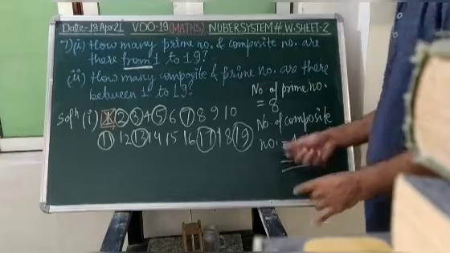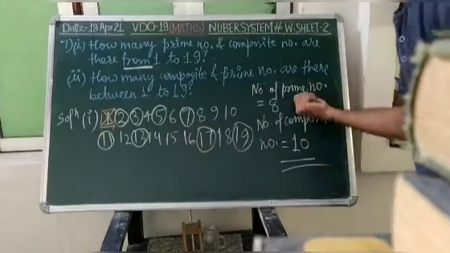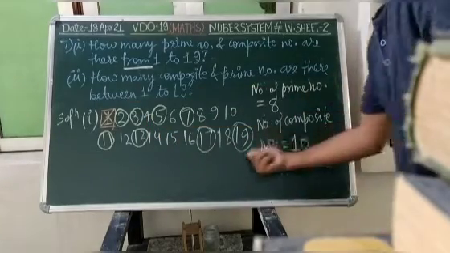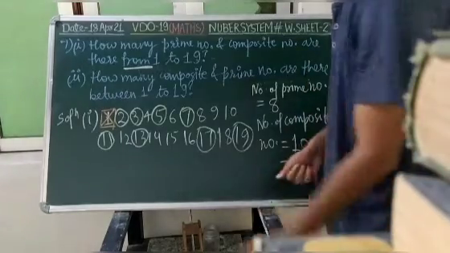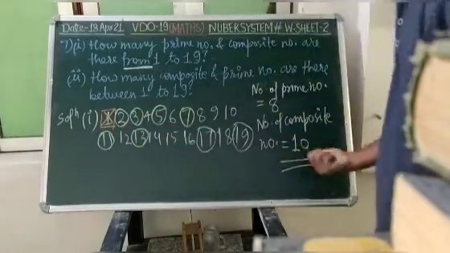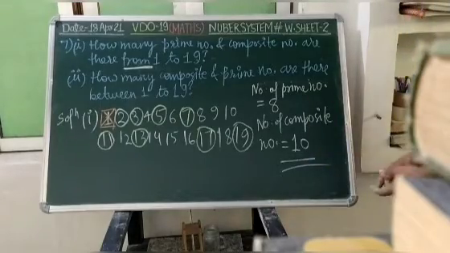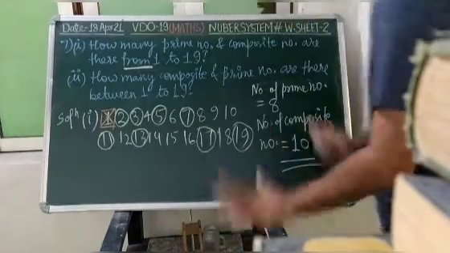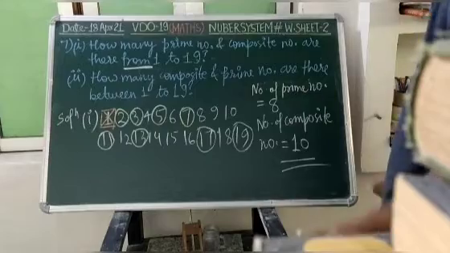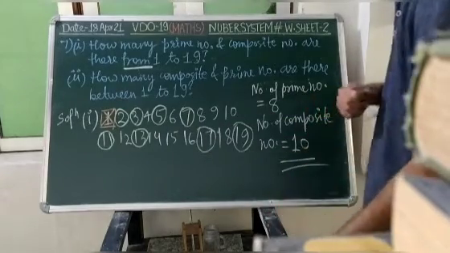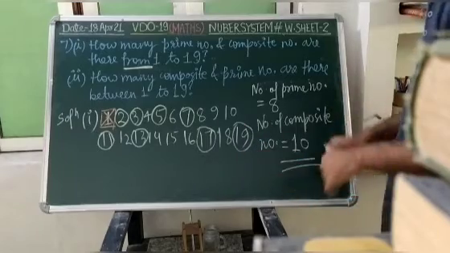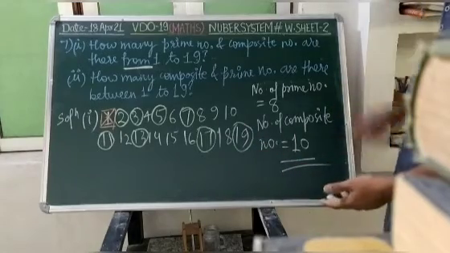And there are 19 numbers, and 8 prime numbers are coming. So 19 minus 8 will give us 11. And since we can't choose 1, 11 minus 1 is 10. You can think in that way also, but I will not suggest you go that way. If your mind works that way, you can do it that way.